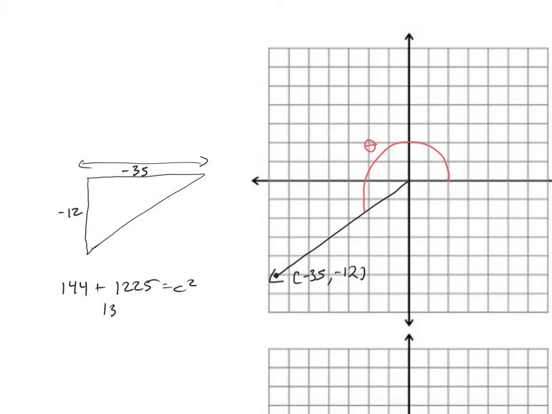This is 1,369 equals c squared. C then is the square root of that, and the square root of all of that is 37. Huh, what did you know? The numbers work out nicely.